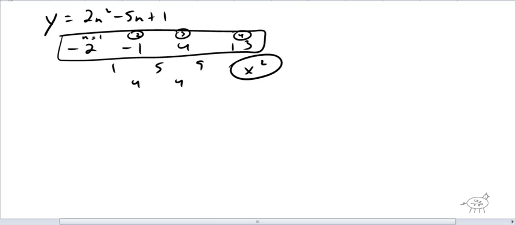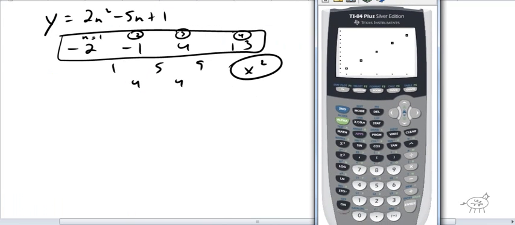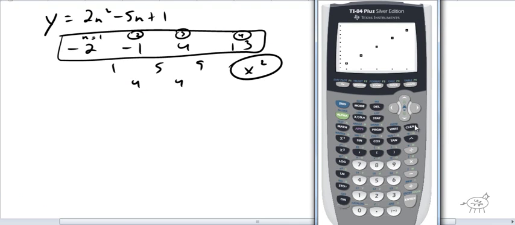So let's go back. Let's bring our calculator up here. I'm going to clear this out, and I'm going to do stat edit, and I have 4 pieces of data. So I'm going to go to the top here and clear this out. So I'm going to hit clear again. Don't hit delete.